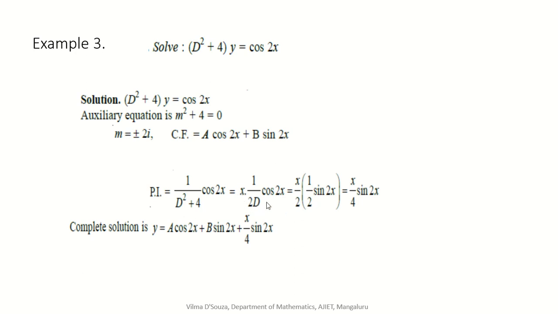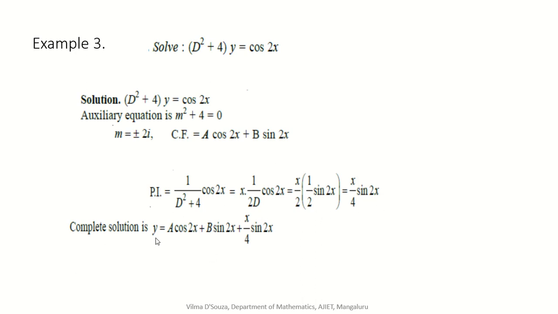So x by 2 into the integral of cos 2x. What is the integration of cos 2x? Sin 2x by 2. So you will get x by 4 sin 2x. Your particular integral is x by 4 sin 2x.